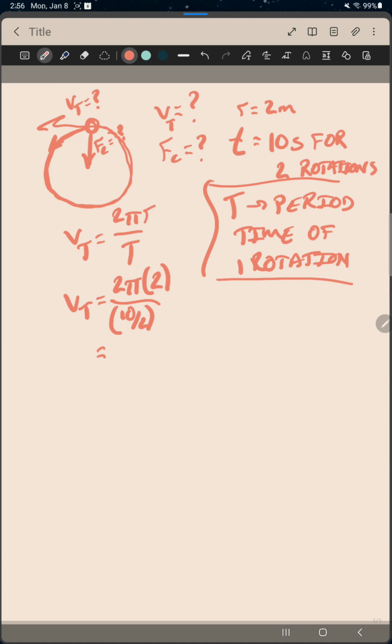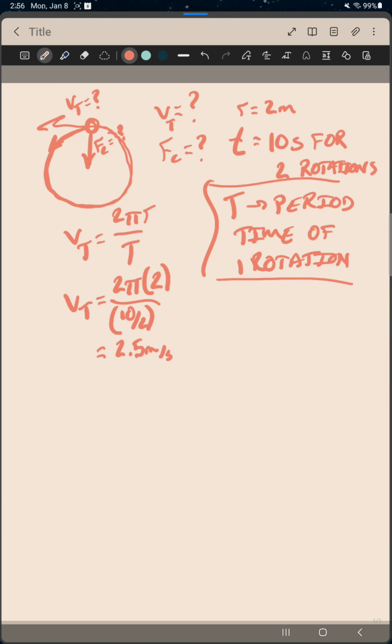I'll do a quick calculator check: 2 times pi times 2 divided by 5. So about 2.5 meters per second is how that would come out. And if you were to let go right at that point, you'd go off to the left at 2.5 meters per second.